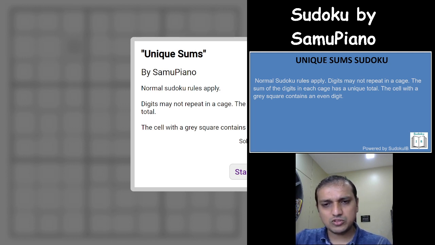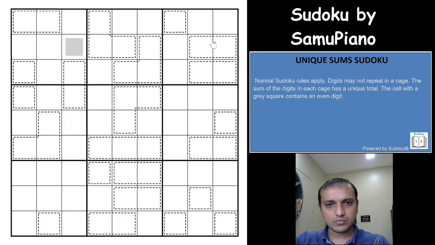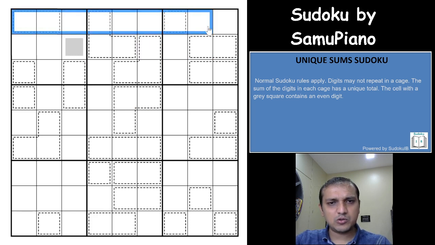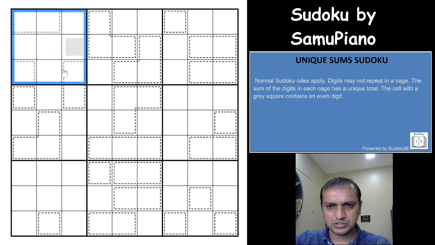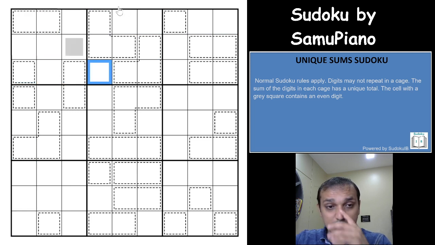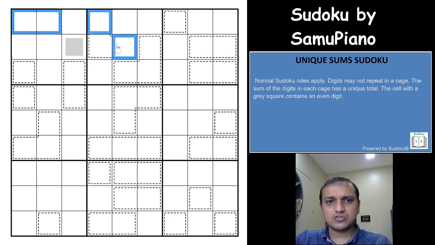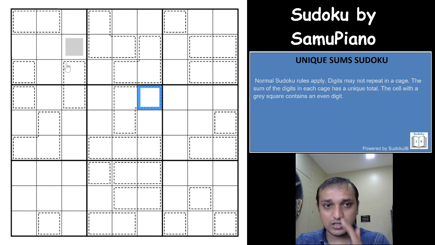Now coming back to this puzzle, I will start the puzzle here. Let me explain the rules of this puzzle. Normal Sudoku rules apply. You need to place digits from 1 to 9 in each row, each column, and 3 by 3 box without repetition. Apart from that, digits do not repeat in a cage. There are some cages in the grid. Digits do not repeat in the cage, and the sum of the digits in each cage is a unique total.